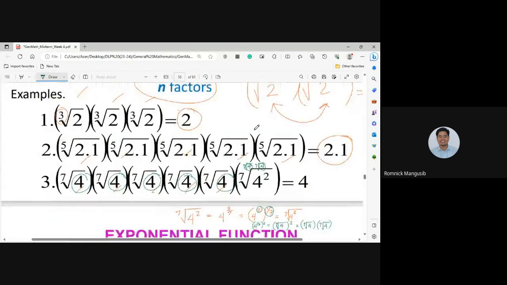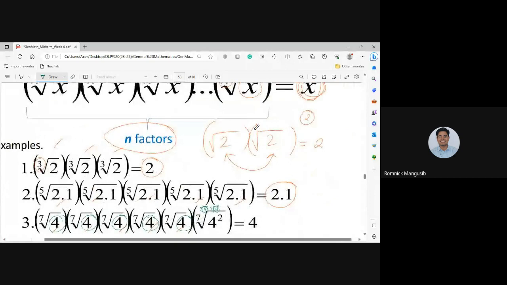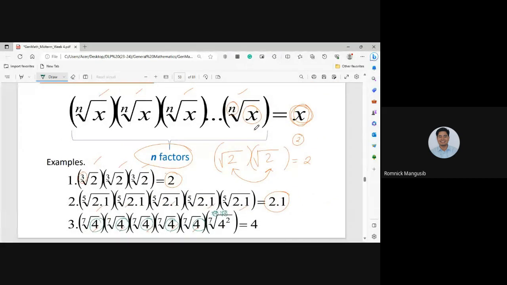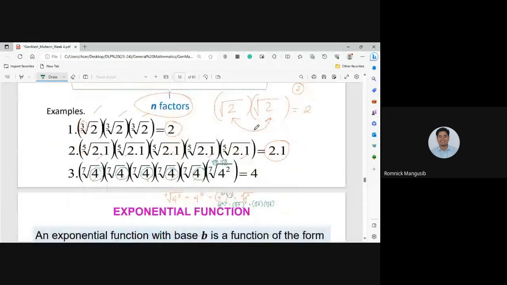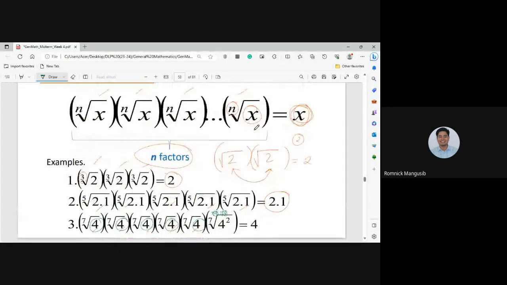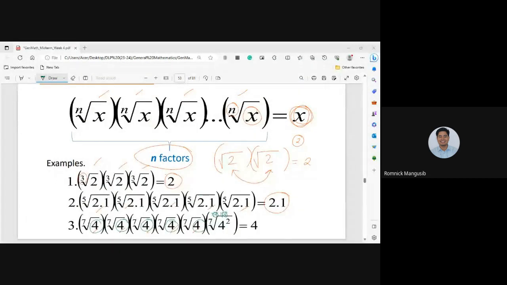Ano lang yan, class? I'm just sharing that as a way for you para hindi na kayo malito. Kasi usually, kapag tinanong ka, square root of 2 times square root of 2, nagka-calculator ka pa. Ang sagot lang naman ay 2. O, square root of 9 times square root of 9, the answer is 9. And others. No?